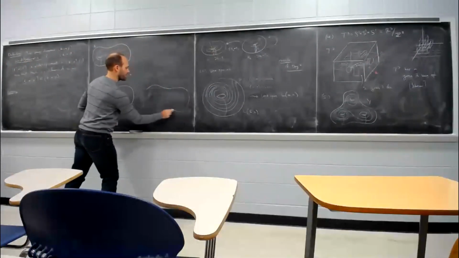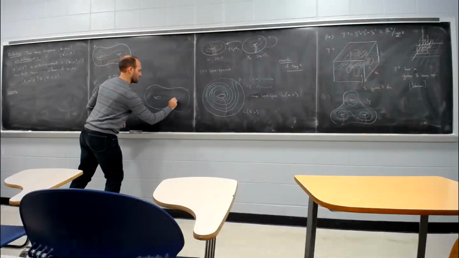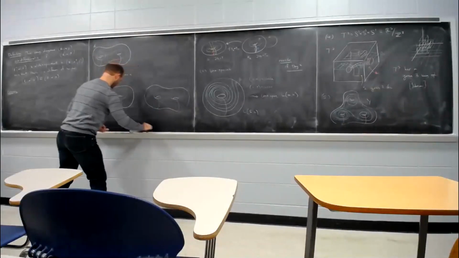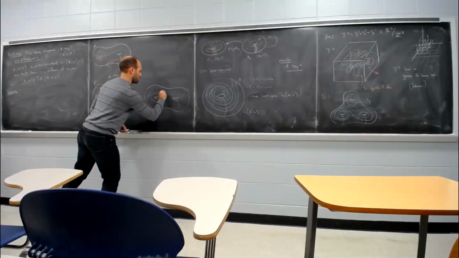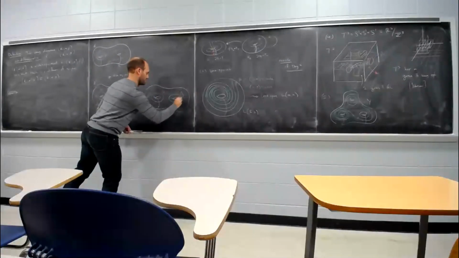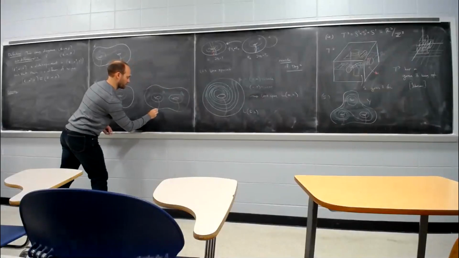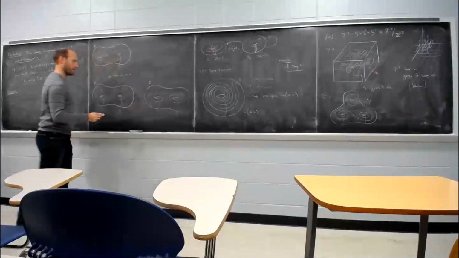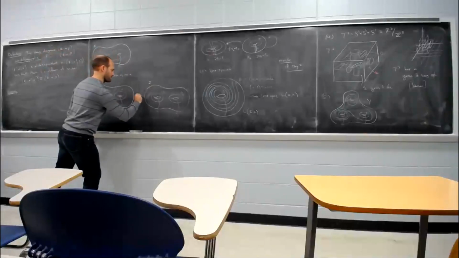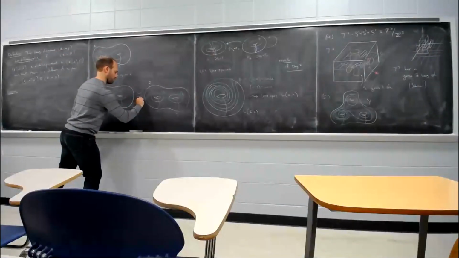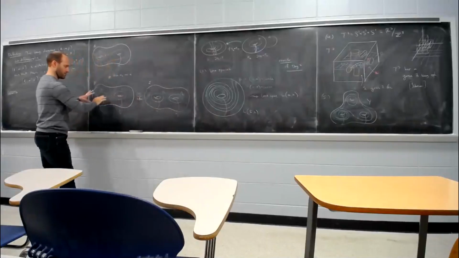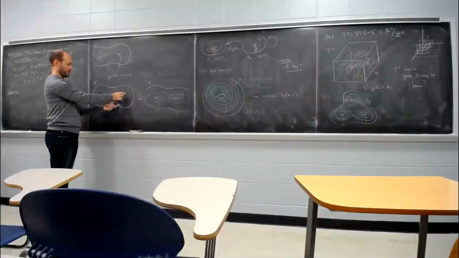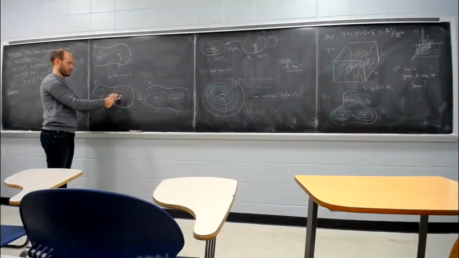But we'd like to compare it to what might be considered our favorite genus 2 Heegaard diagram, where this is beta 1, this is beta 2, this is alpha 1, this is alpha 2, this is the surface sigma. And of course, there's a diffeomorphism taking this surface with these curves on it to this surface with these curves on it. It's the diffeomorphism that sends this curve to this curve and this curve to this curve.